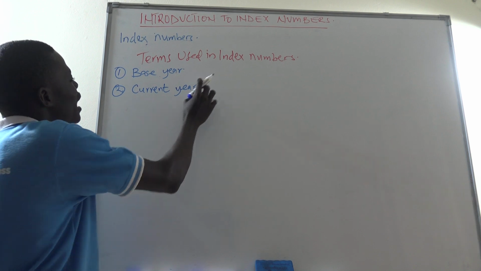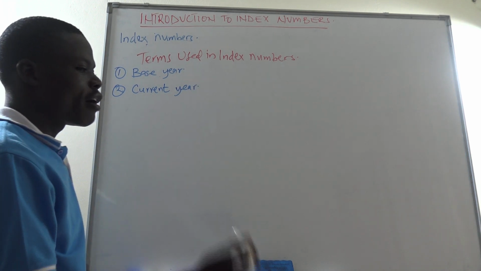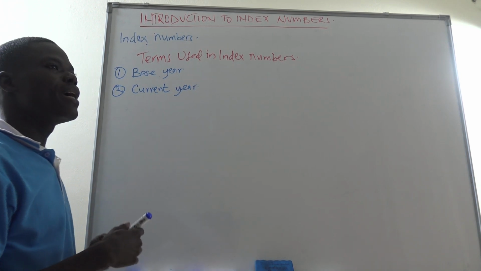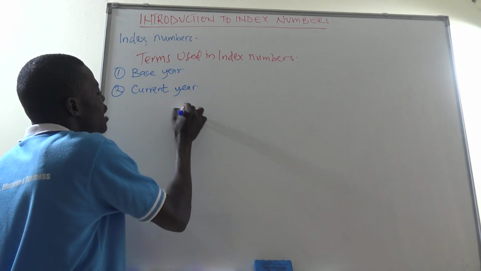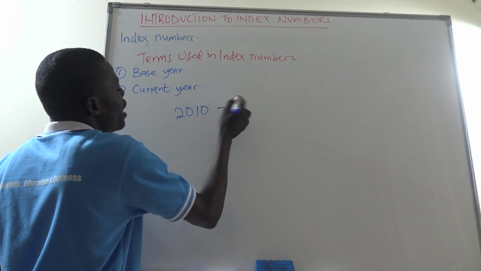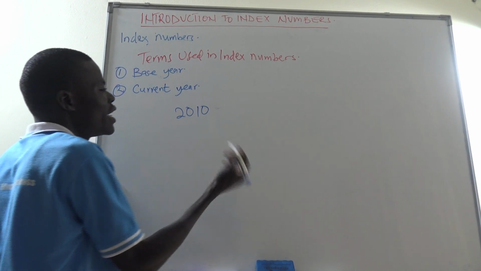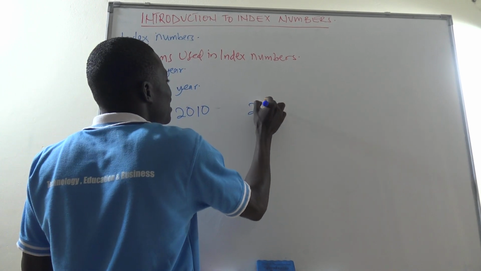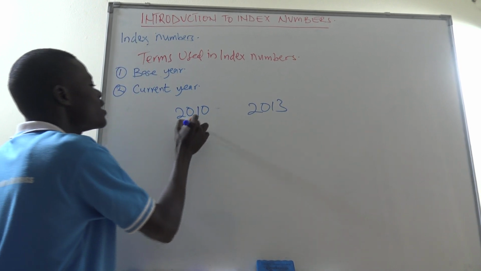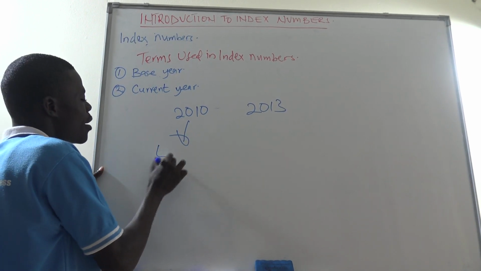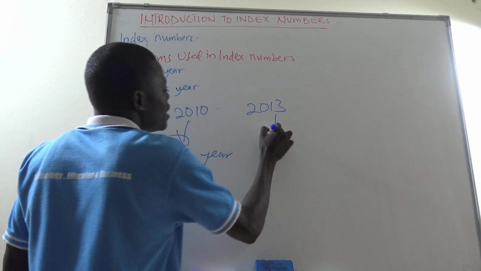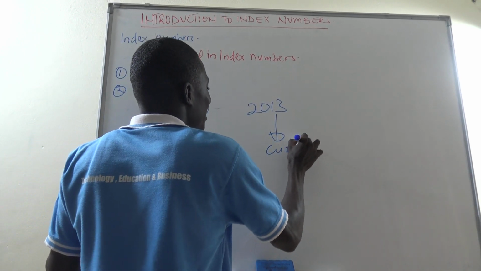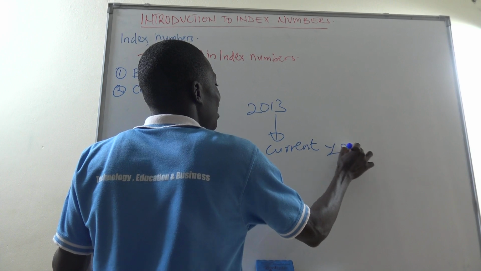Let me say you are calculating the index number from 2010 to 2013, then 2010 becomes our base year, and 2013 becomes our current year.